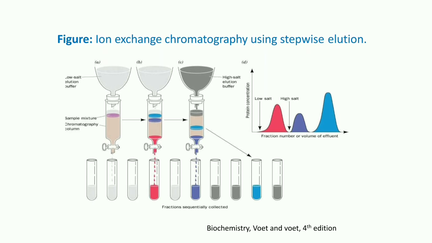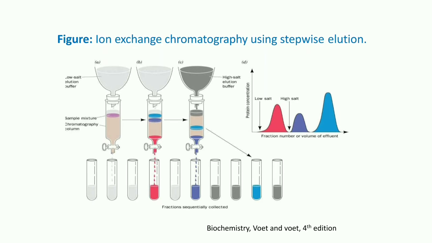In stage B, as the elution progresses, various proteins separate into distinct bands as a consequence of different affinities for the ion exchanger under the prevailing conditions. Here, the first band of proteins, that is the red band, has already passed through the column and is being isolated as a separate fraction, whereas the others, which are less mobile proteins, will be retained at the top of the column.